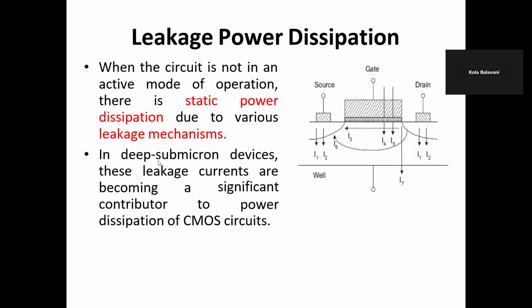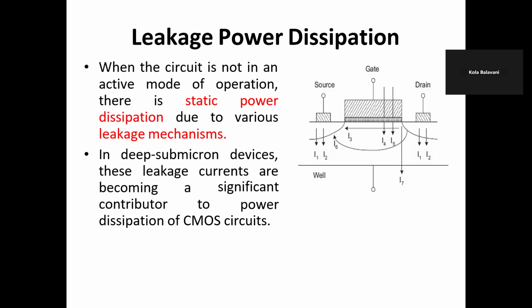In deep submicron devices, these leakage currents are becoming a significant contributor to the power dissipation of the circuit. If you consider the formula, power dissipation is equal to dynamic power dissipation plus static power dissipation. In olden days, the leakage currents were negligible, but in submicron technology, they are nearly equal to the dynamic power dissipation.